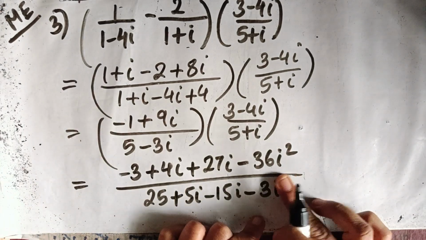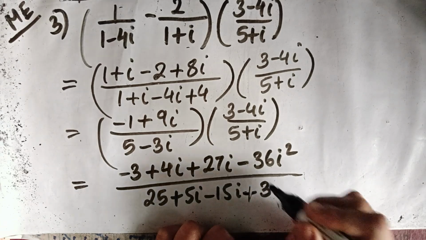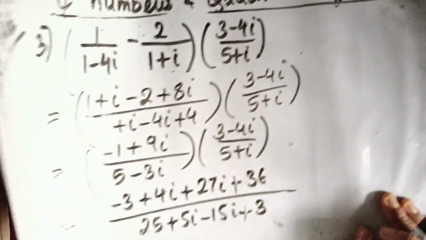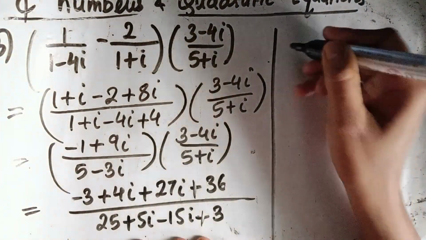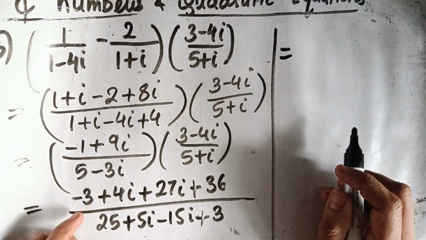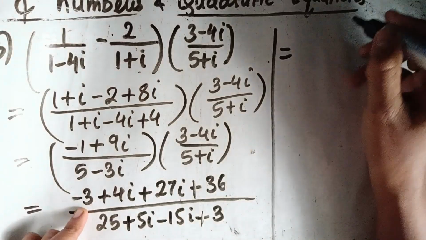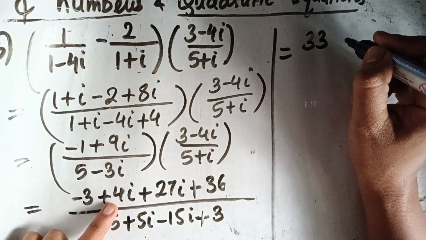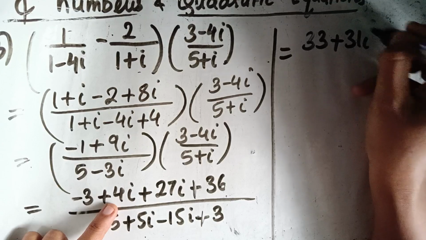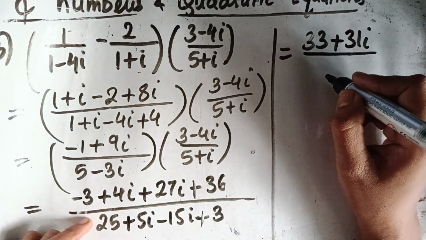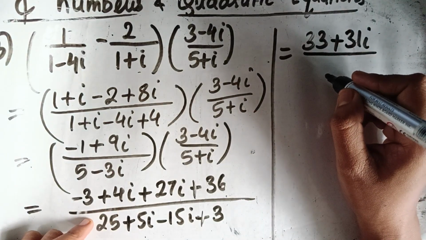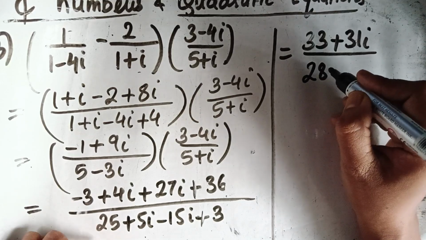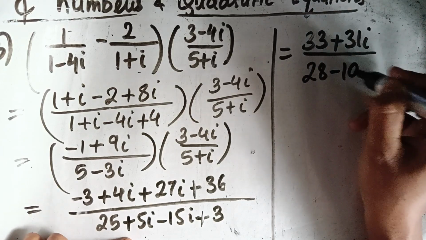Okay, so this becomes plus, this also becomes plus. Okay. Minus 3 plus 36 is 33, 31 I, 25 plus 3, 28 minus 10.